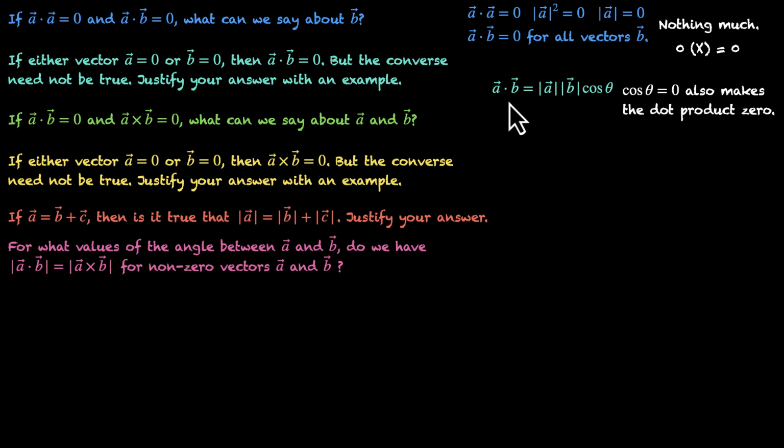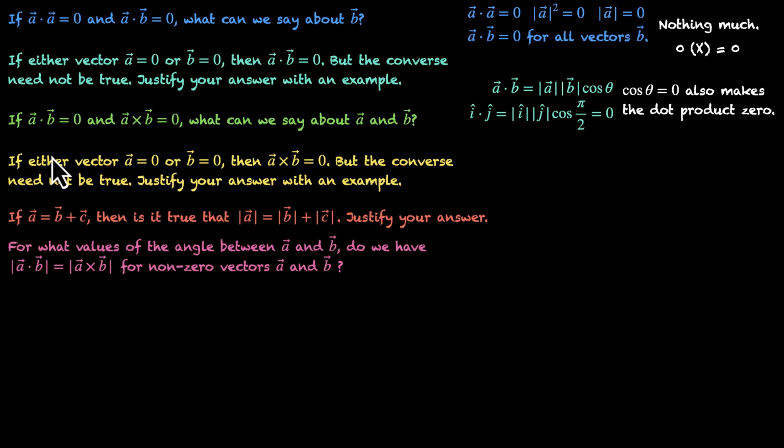And when does that happen? Cos theta equals 0 at theta equals pi by 2, which means this happens for perpendicular vectors. So if we have 2 non-zero vectors that are perpendicular to each other, their dot product will always be 0. Here's an example, i cap dot j cap, both of them non-zero. So mod of i cap times mod of j cap times cos of pi by 2, which is the angle between them. This makes the dot product 0.